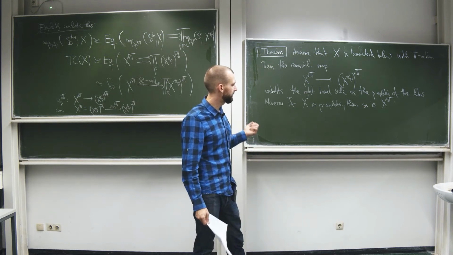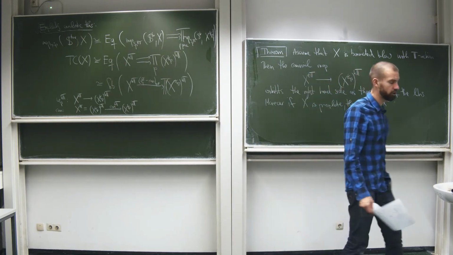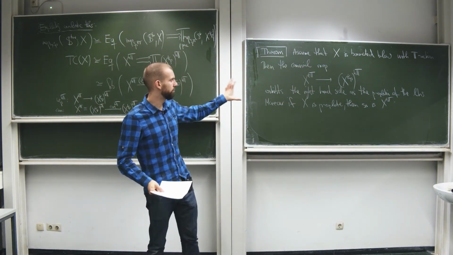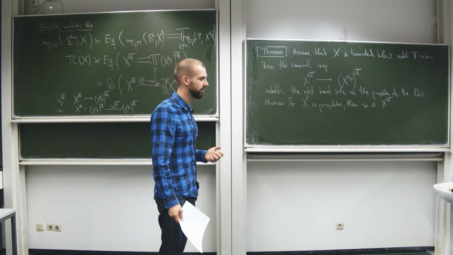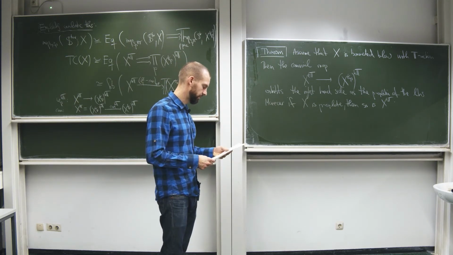I will give a proof of this theorem at the end of the lecture. This is something I proved initially with Peter Scholze. I'll give an argument at the end of the lecture, but for the moment let me just use this as a black box.